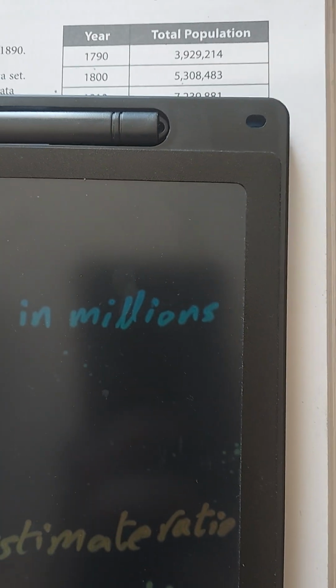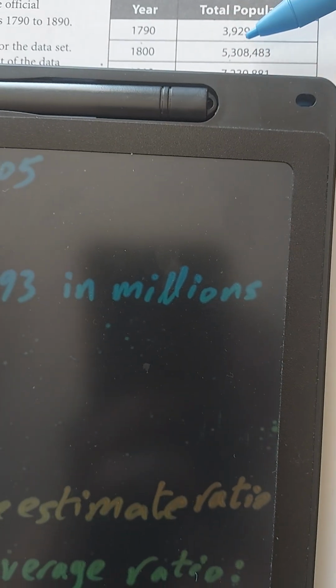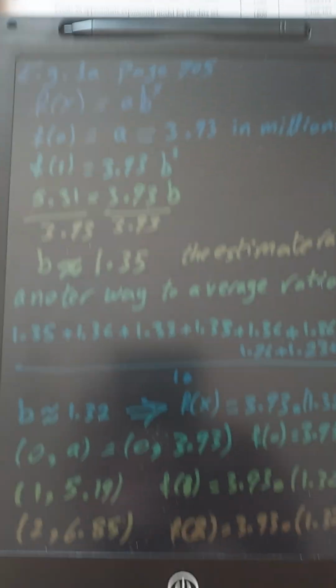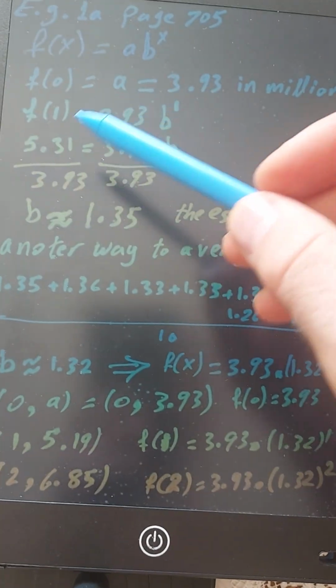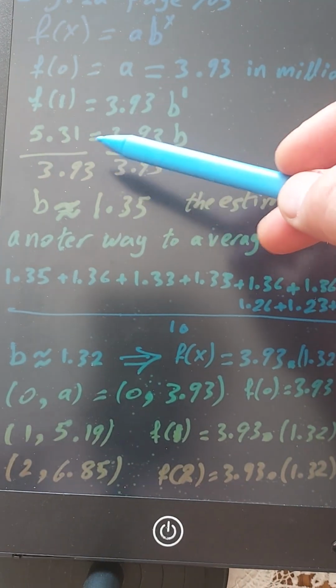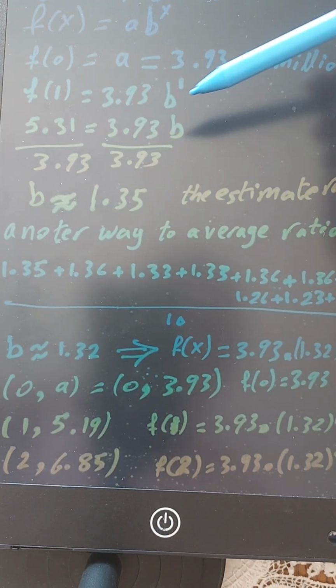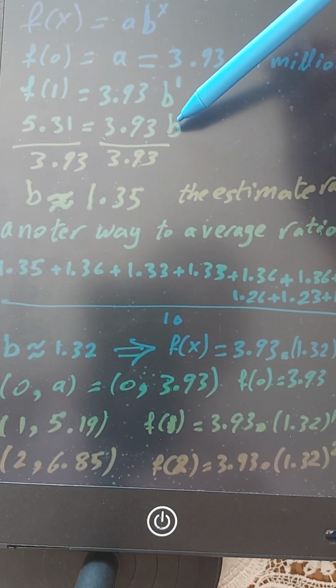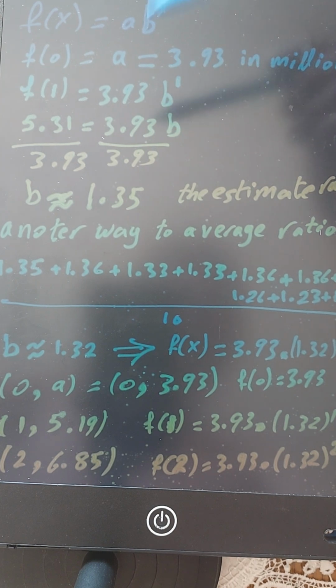The table gives 5.31 million. So f(1), which is 5.31, equals the initial value 3.93 multiplied by b to the power 1, which is b.